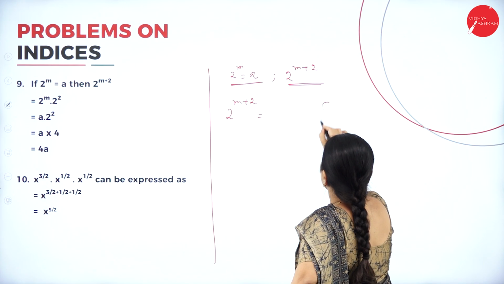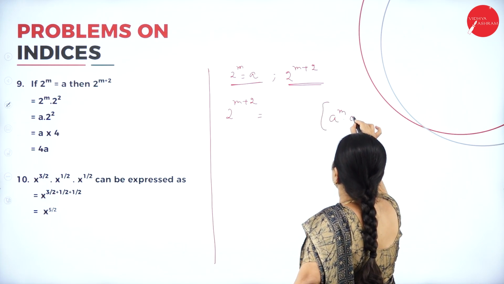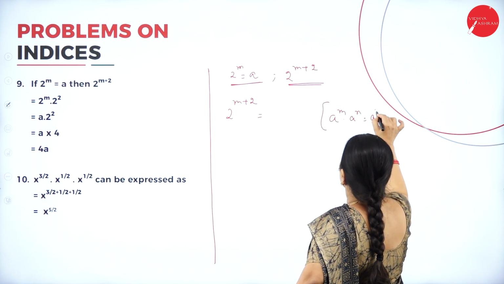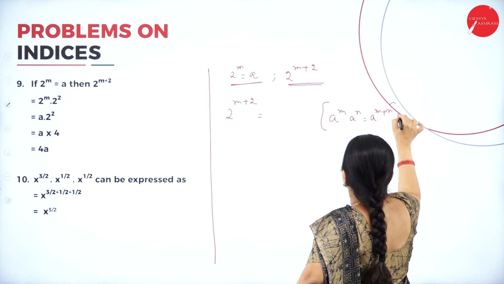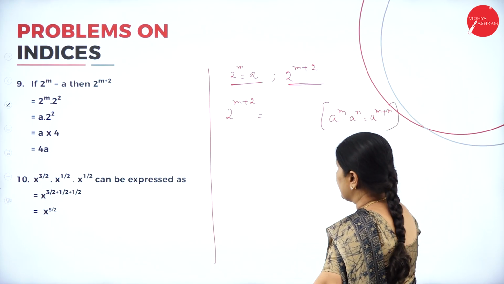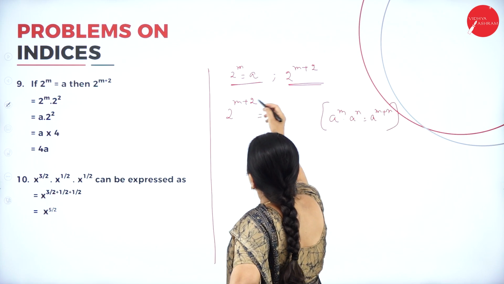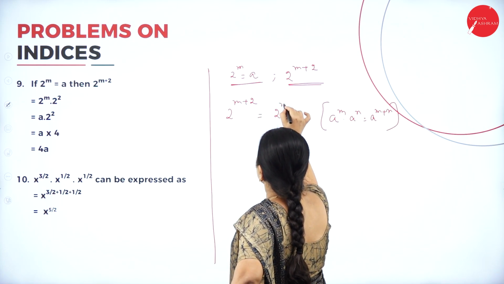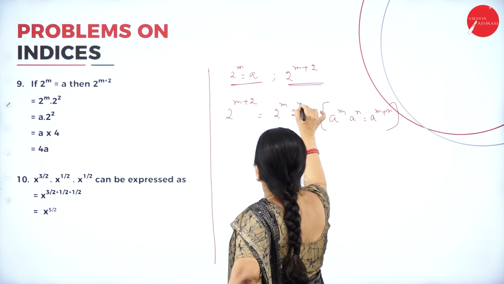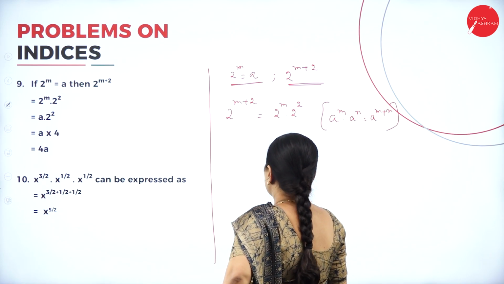What does the first law tell us? a to the power of m into a to the power of n equals a to the power of m plus n. Now, 2 to the power of m plus 2 can be written as 2 to the power of m into 2 to the power 2.